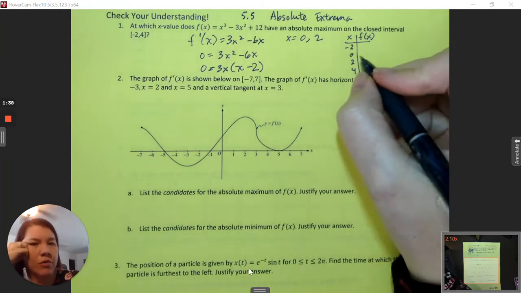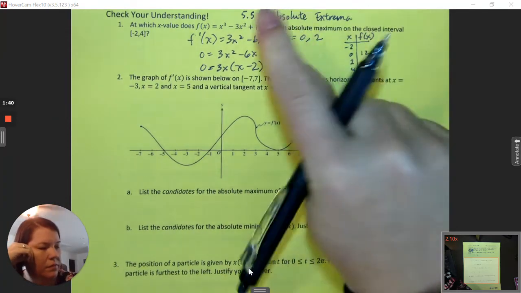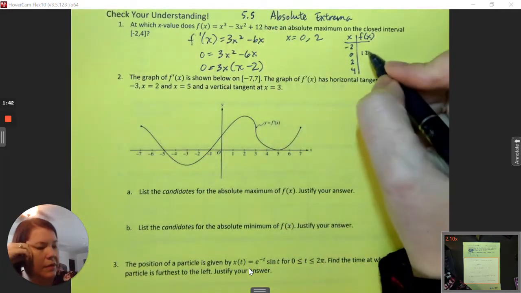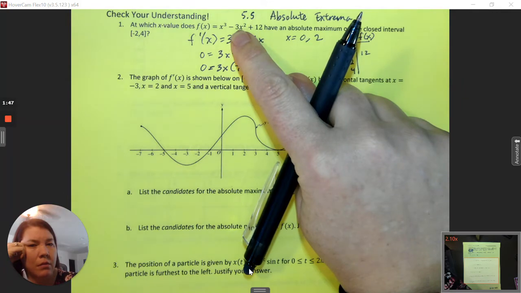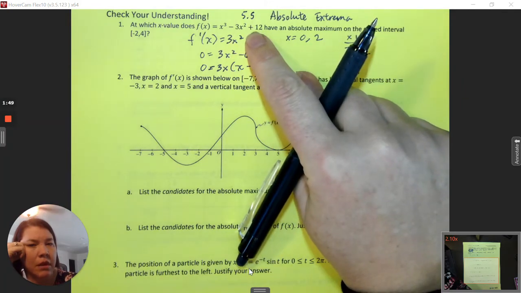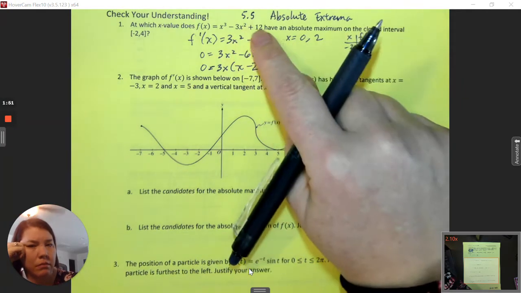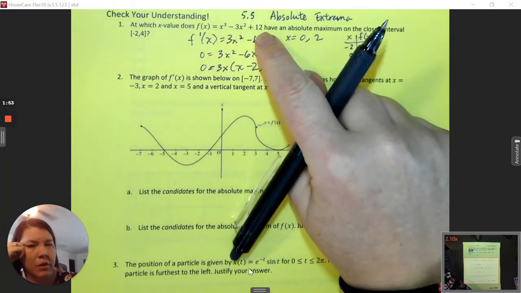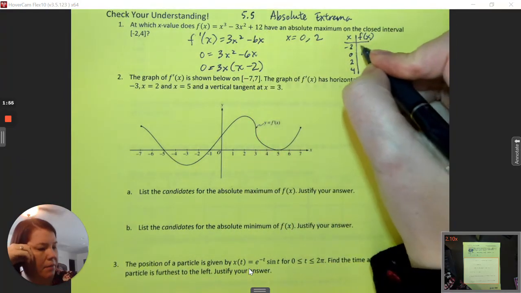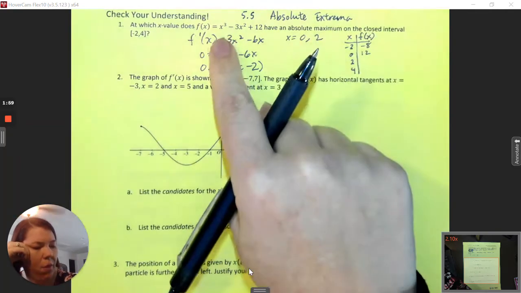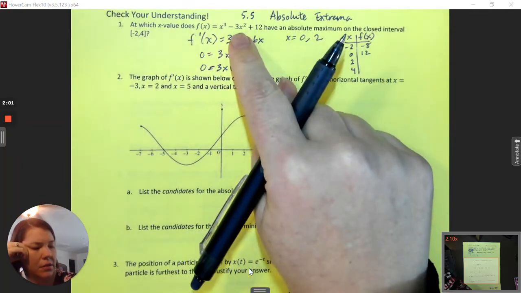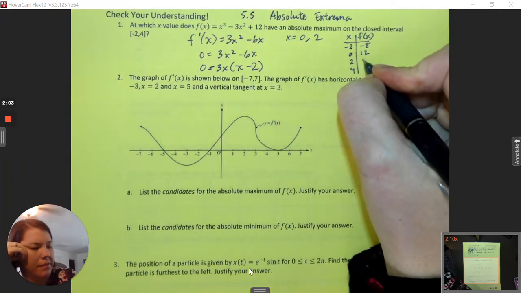So we'll start with 0. f of 0 is 12. I can plug 0 in really fast. -2 is going to give me -8 minus 12, which is -20, plus 12, so -8. For 2, 8 minus 12 plus 12, so that one's 8.